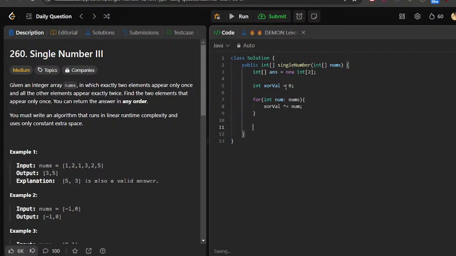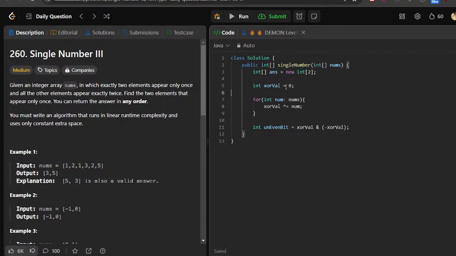Answer we have, lowest bit, rightmost uneven bit. Uneven bit equals XOR val and minus XOR val. This is our second step.